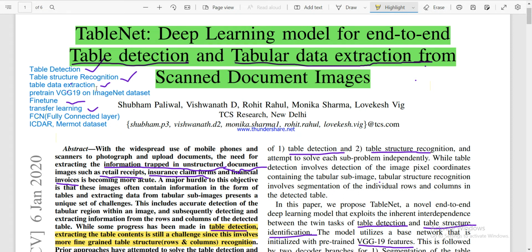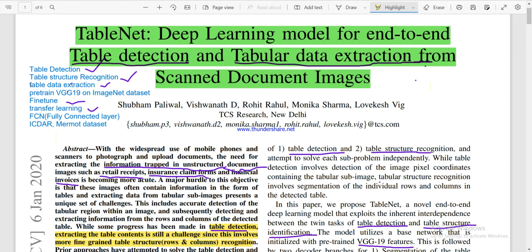But when it comes to table data extraction, there is a problem, because extracting data from the table needs a more fine-grained table structure. Fine-grained table structure means row or column recognition. So that's why there is still a big problem with table data extraction.